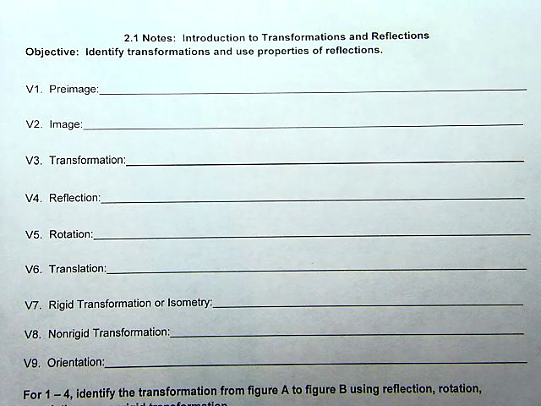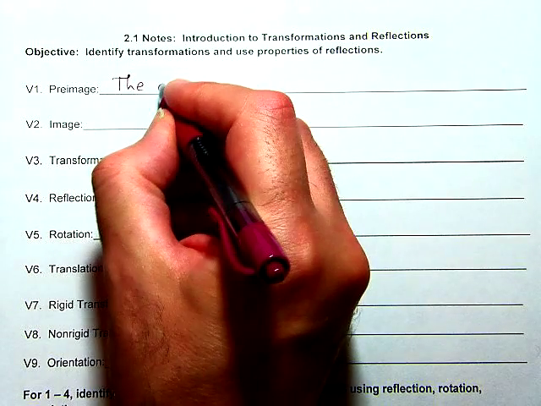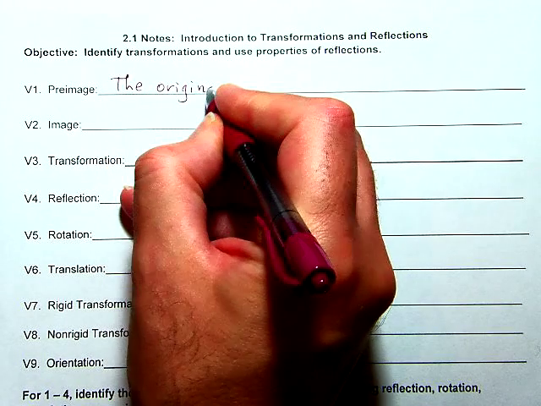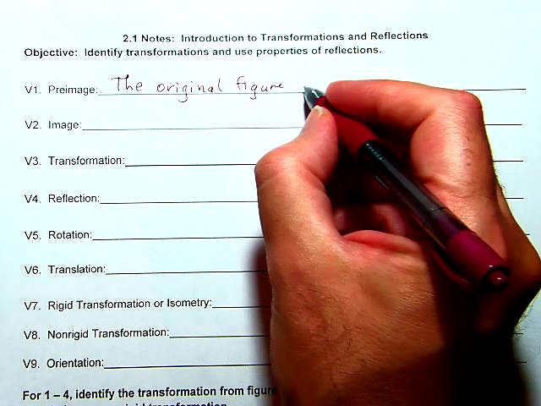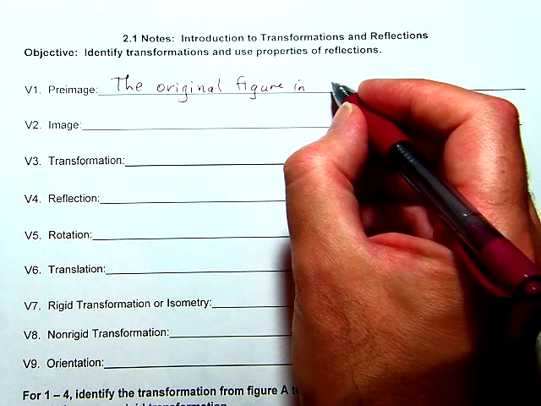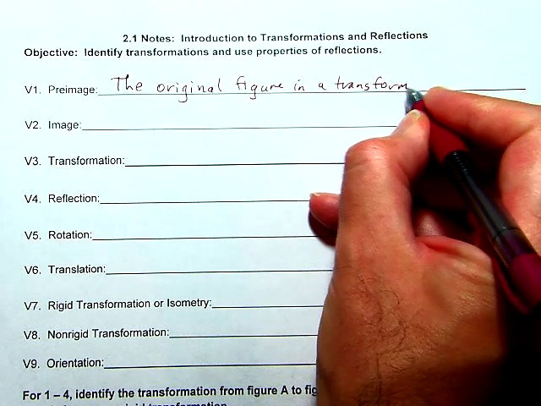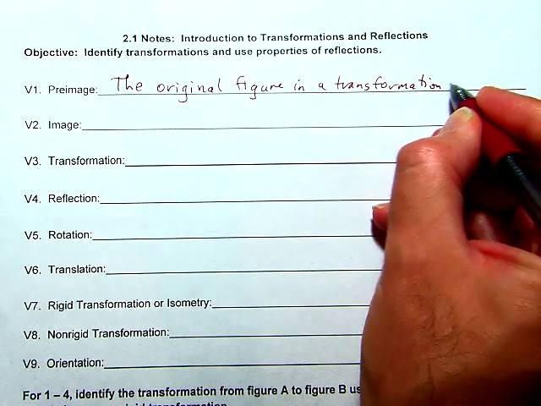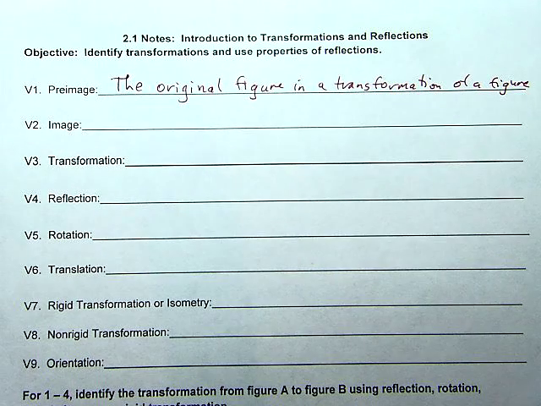So the pre-image can also be defined as the original figure in a transformation of a figure. We're talking about geometric figures here. So the original figure, that's the input to the transformation, is the pre-image.